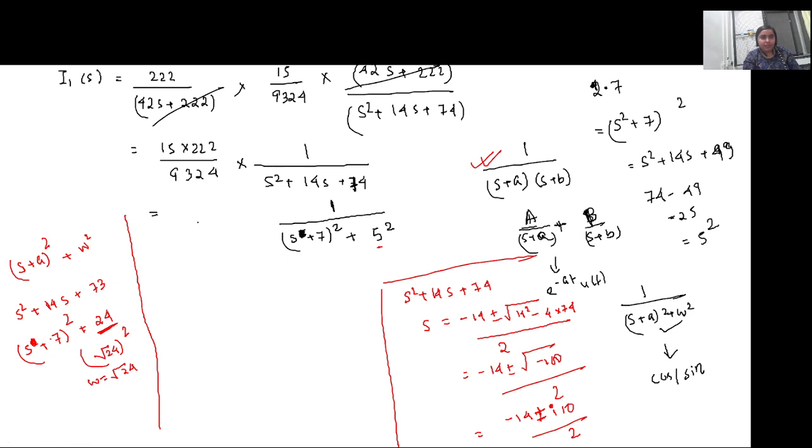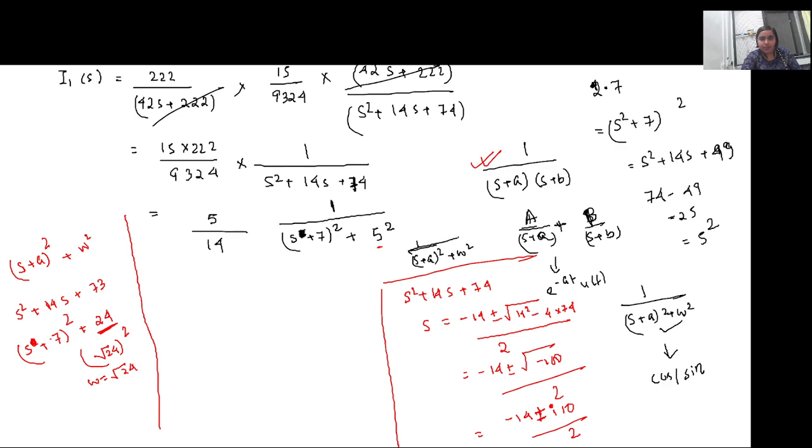So yeah, we have this. Let's write it in proper fashion. 15 into 222 by 9324. It can be cancelled and written in terms of 5 by 14. Now this expression is in terms of 1 by s plus a whole square plus omega square.